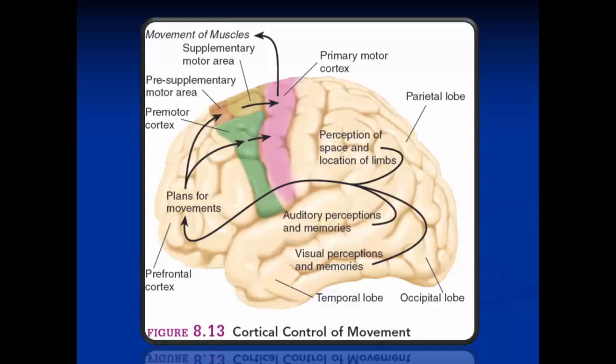The premotor cortex is going to be critically important for executing complex movements that are guided by sensory information. And here, what's important to remember is we're going to be talking about arbitrary stimuli. So, what do I mean by arbitrary stimuli?